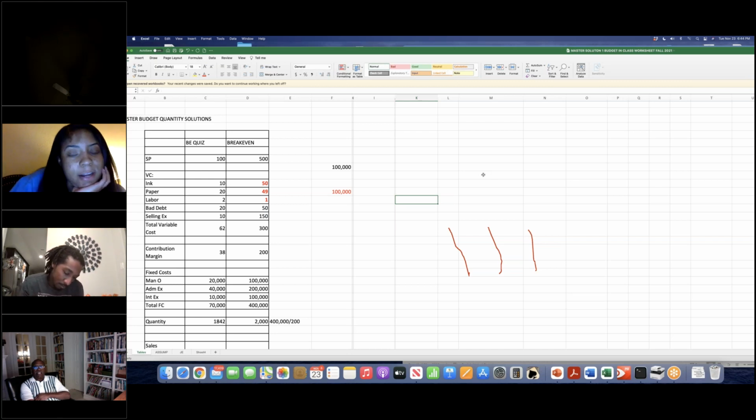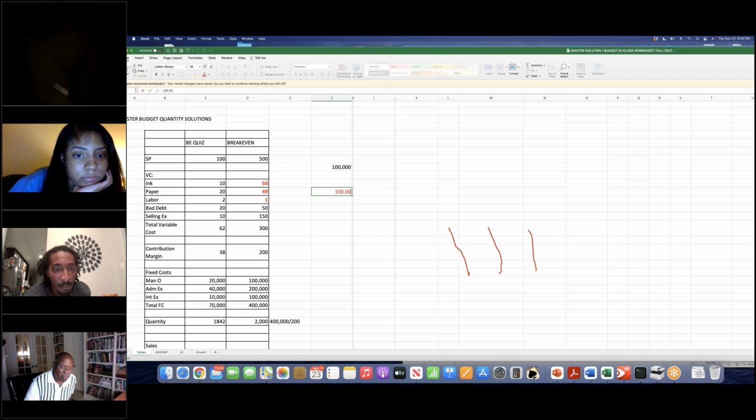Wait, okay, so the product cost and what is the cost of goods? The product cost is always raw materials and labor. Right. So here it was ink, paper, and labor. We add them together. Wait a minute, I put 100,000. That should be $100. That's $100.